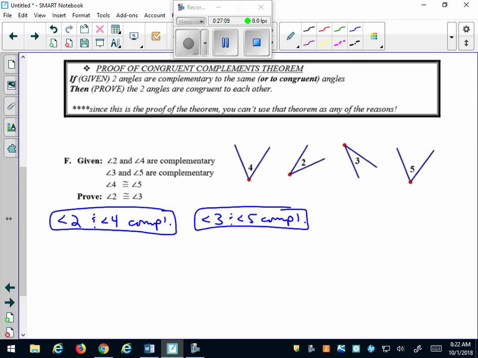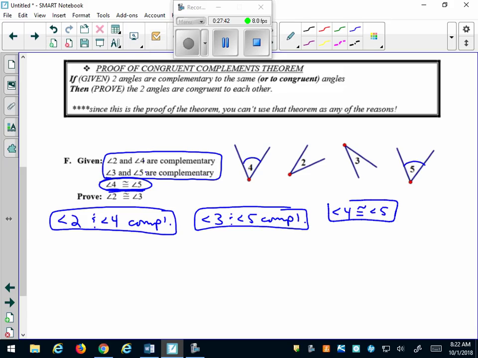So we don't have two angles in this case that are both complementary to the same angle, but they make this given: 4 is congruent to 5. So 4 and 5 are the same, then we have a congruent complements theorem situation. 4 is congruent to 5, so they might as well be the same angle, two angles that are complementary to the same value of an angle. So angle 4 congruent to angle 5 is also a given.